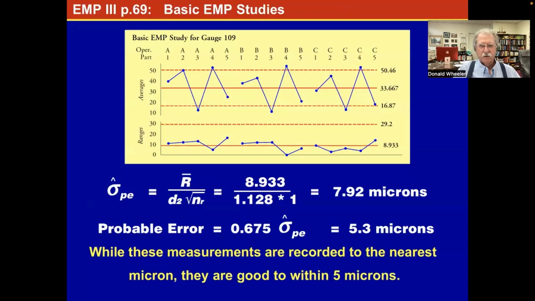Our d2 would be 1.128, and our n sub r, we do 1 reading in practice, so n sub r is 1. Sigma PE hat is about 8 microns, so our probable error is about 5 microns. While these measurements are recorded to the nearest micron, they're good to plus or minus 5.